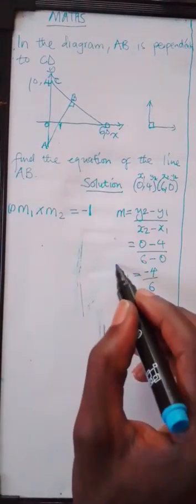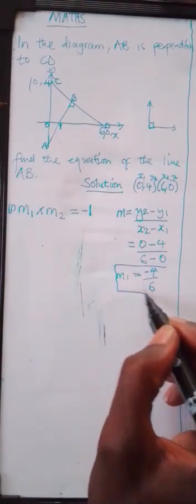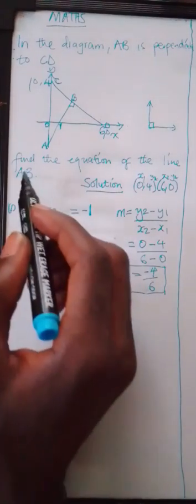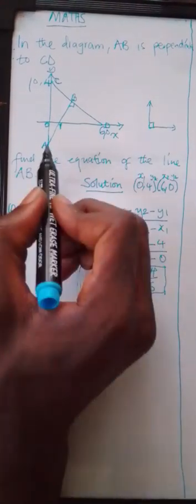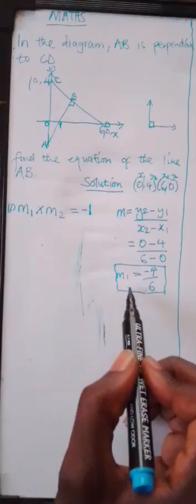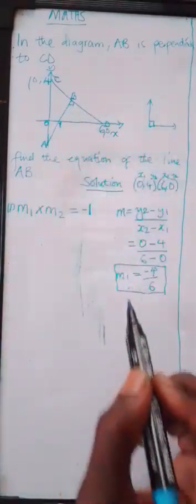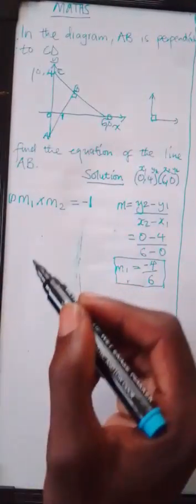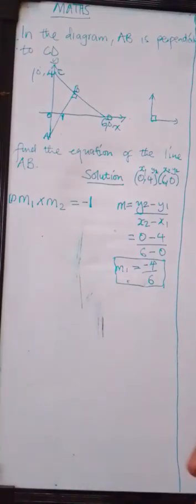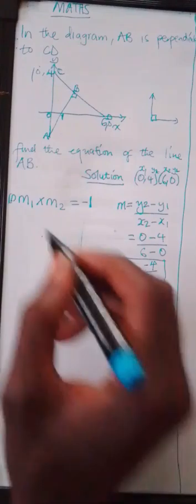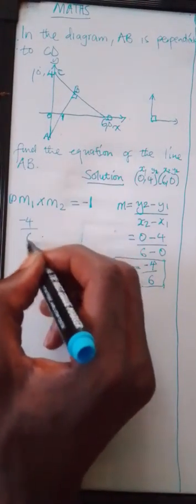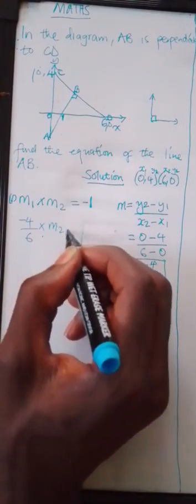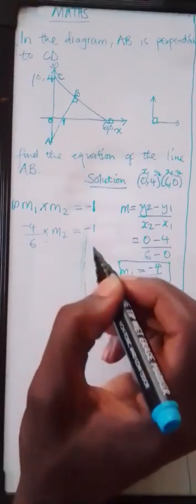Now we are going to use this to calculate the equation of AB, because this gradient is not for AB, but for CD. So getting back to our principle, which states that if they are perpendicular, I have to multiply their gradients. So m1, which is -4 over 6, times m2 is equal to -1.